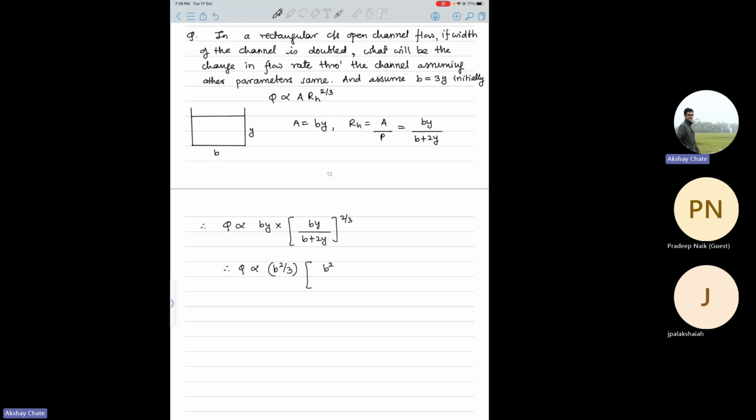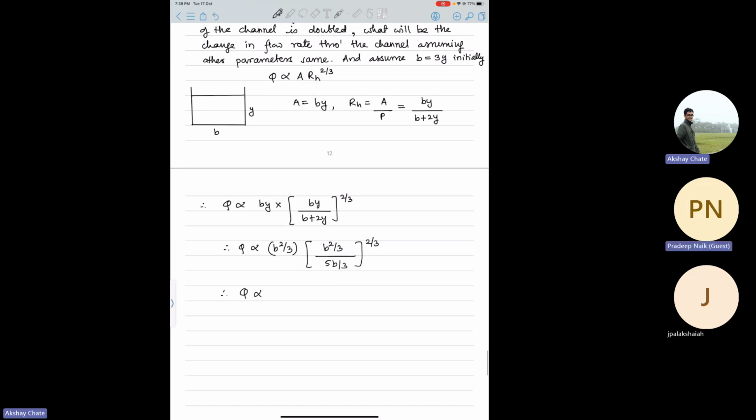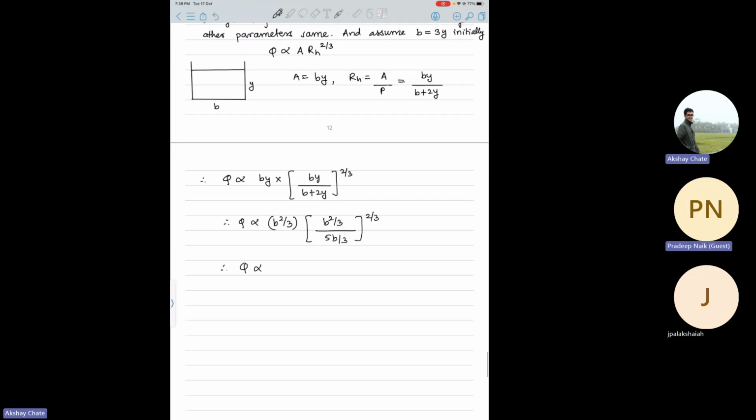And here your y is b by 3, so 2b by 3 plus b, so 5b by 3 power 2 by 3. So your Q is nothing but proportional to, what will it be?